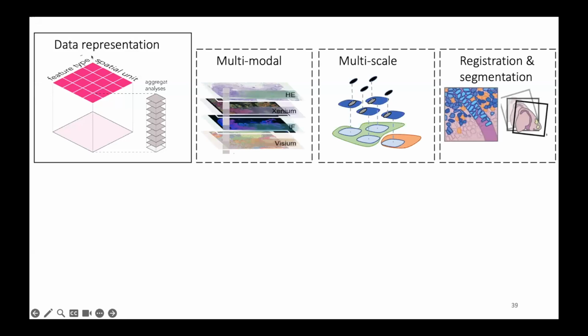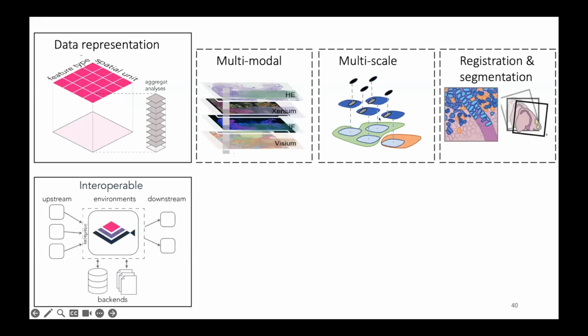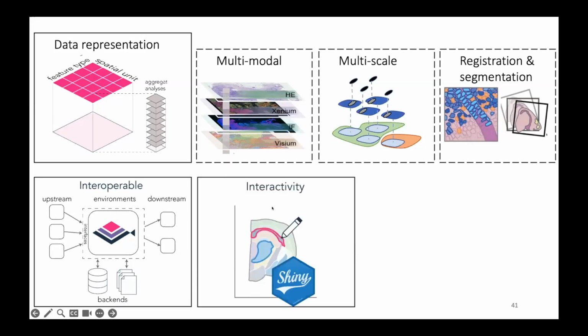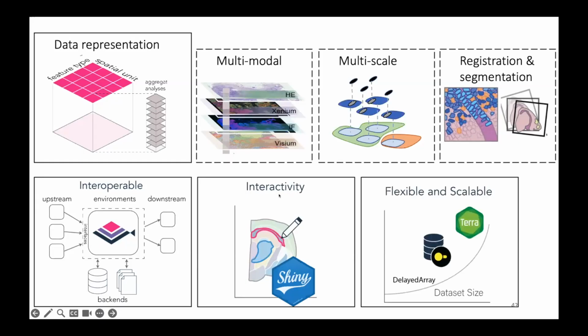In the way we represent the data, I'm going to show you how it allows us to work with multimodal data, how we can work with multi-scale data, the hierarchical nature of biology itself, and how we can easily use it to do registrations and segmentations. I'm also going to highlight how Giotto tries to be as interoperable as possible, showing some of the interactivity tools that we have and how we are making this scalable and flexible in the future.